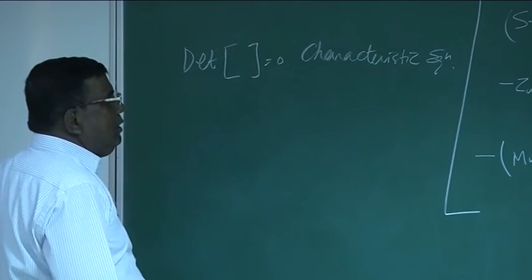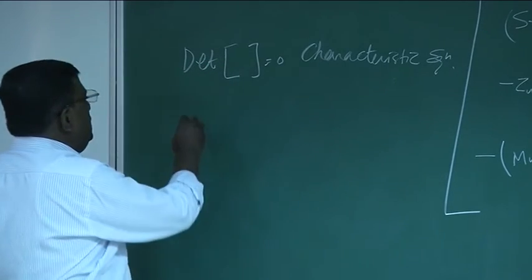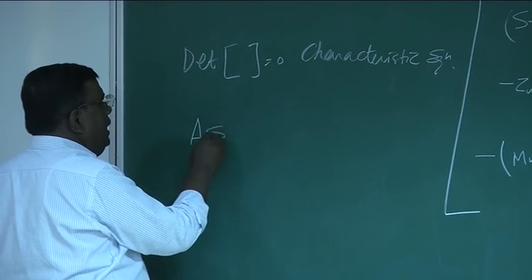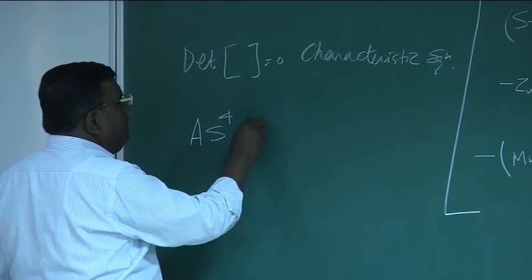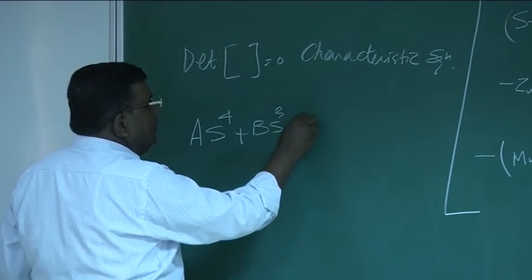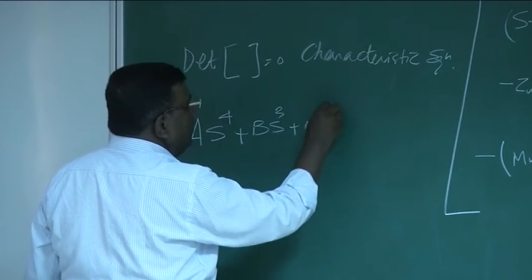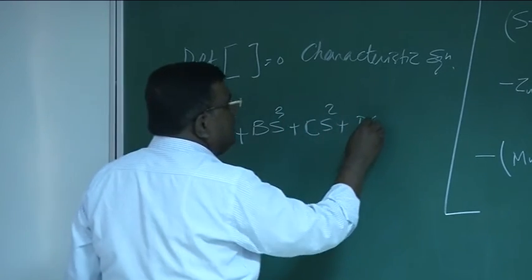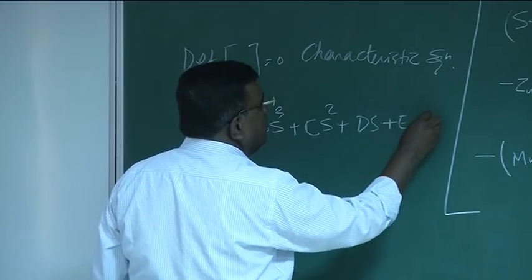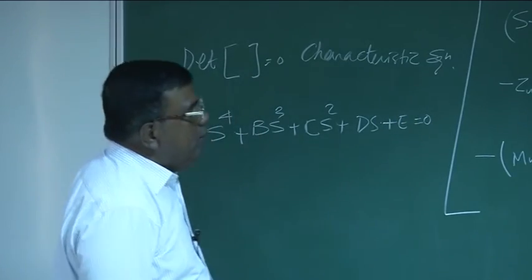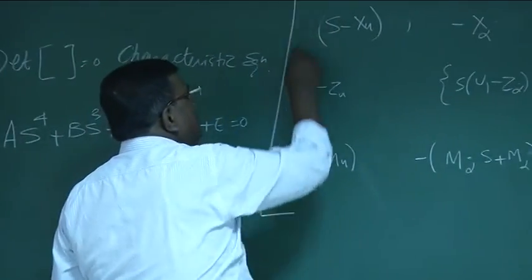So what is the determinant? If I put the determinant, I'll get the equation in this form: a s^4 plus b s^3 plus c s^2 plus d s plus e equal to 0. Do you see what I mean? What is the determinant of this?